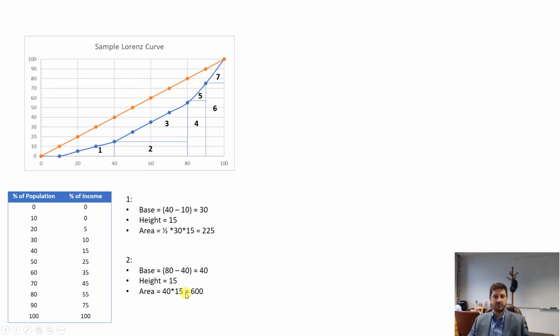And so 40 times 15 is the area of 2, and that's 600. For 3, we have another triangle. Our base is again 80 minus 40, or 40. The height is 55, the income that goes to the bottom 80%, minus 15, which is the income that goes to the bottom 40%. So that's 40. 40 times 40 times 1/2 is 1600 times 1/2, or 800.